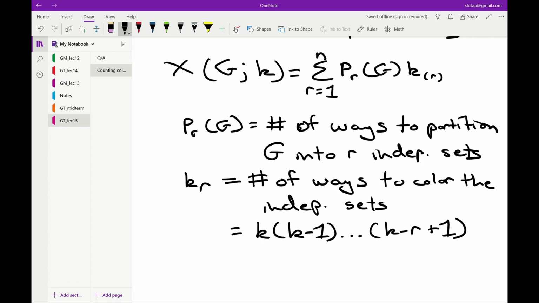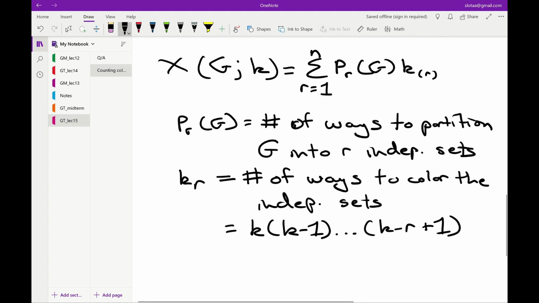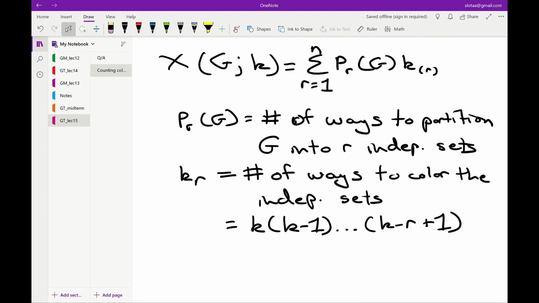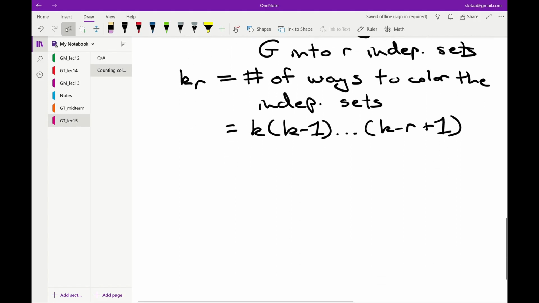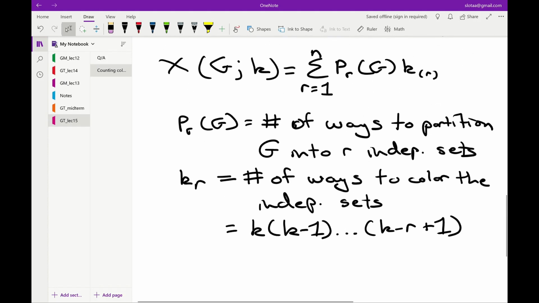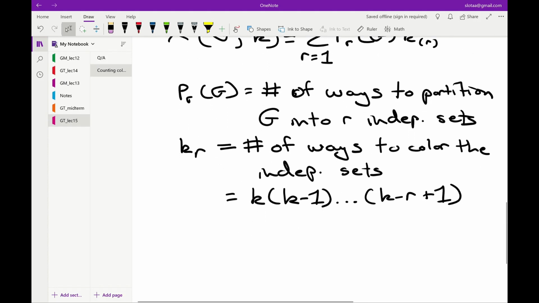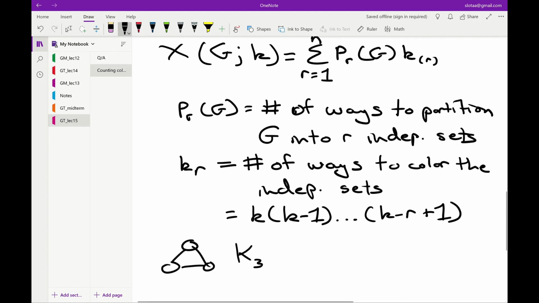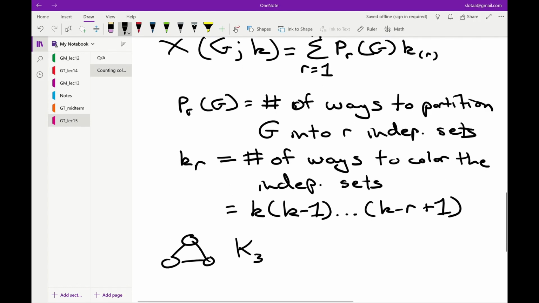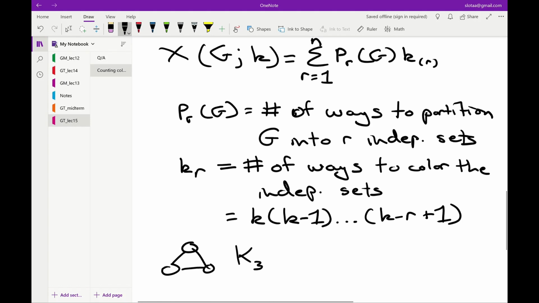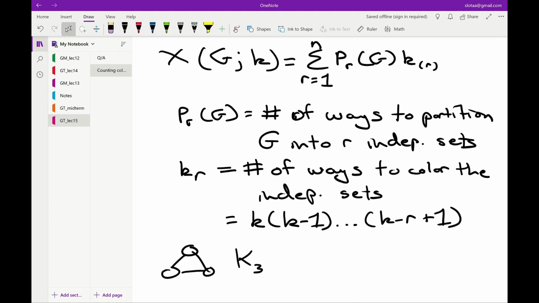So if we go back to a clique, let's consider defining this specifically for K sub 3. We're going to construct the chromatic polynomial and note its equivalence to that first form that we talked about.